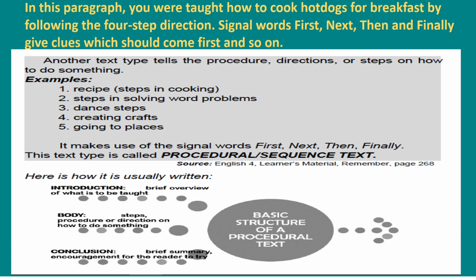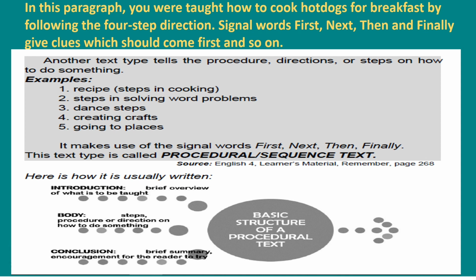In this paragraph, you were taught how to cook hot dogs for breakfast by following the 4-step directions. Signal words are first, next, then, and finally. They give clues about which should come first, and so on.